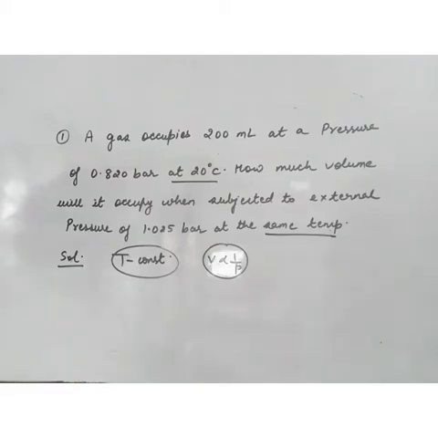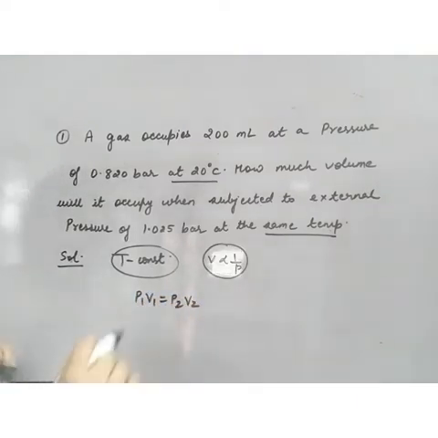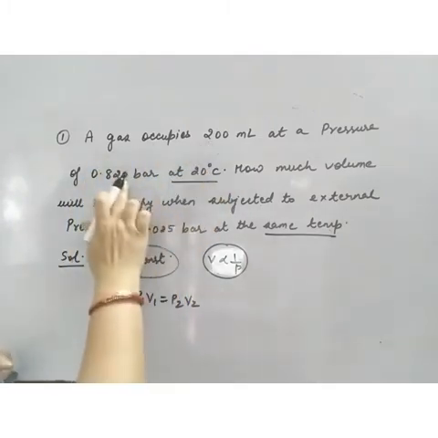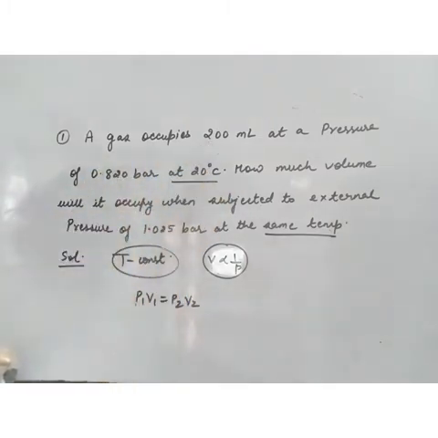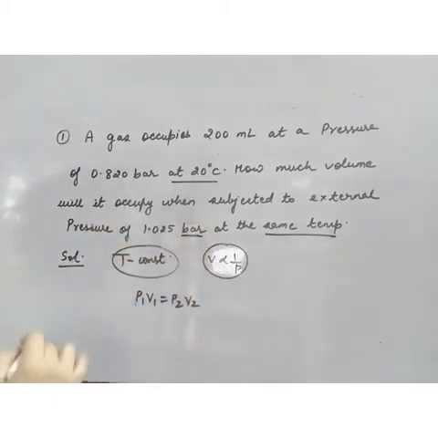And what is the mathematical relation for Boyle's law? P1V1 is equal to P2V2. This is initial and this is final. So the volume is 200 ml and the pressure is 0.820 bar. I am not changing the unit, because here also the pressure is in bar only, so I am not converting it to another unit.